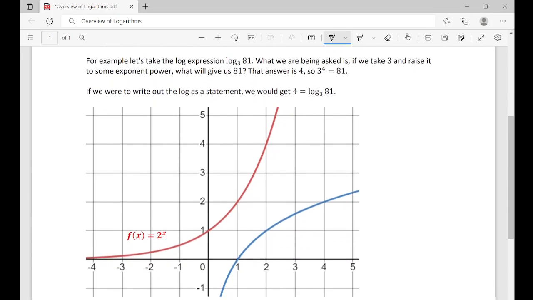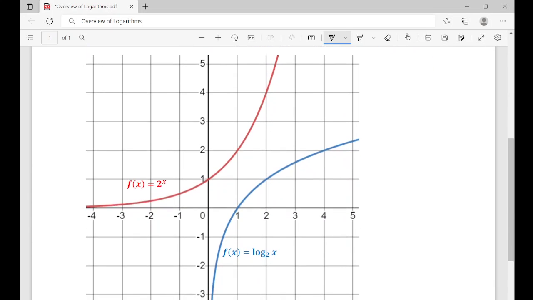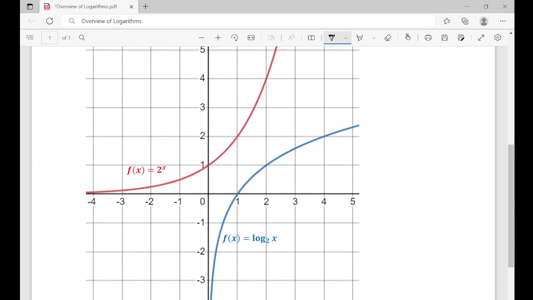But if we were to look at a log and an exponential graph, what would it look like? It would look like this. f of x equals 2 to the x looks like this red curve here, and log base 2 of x, its inverse, is going to look like this blue function here.